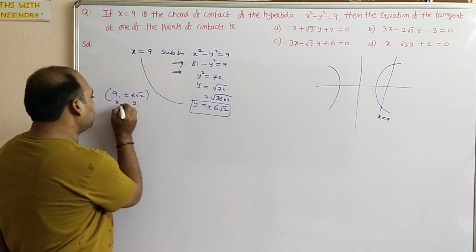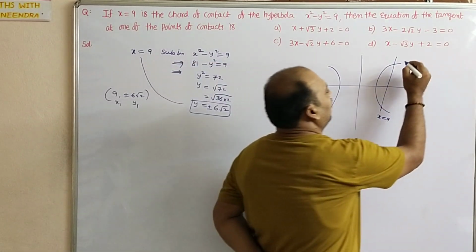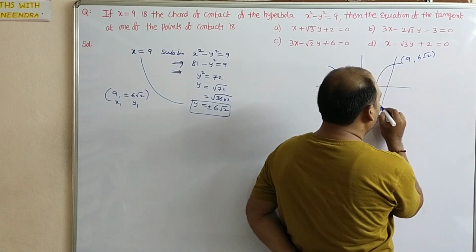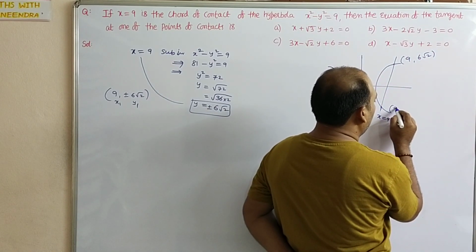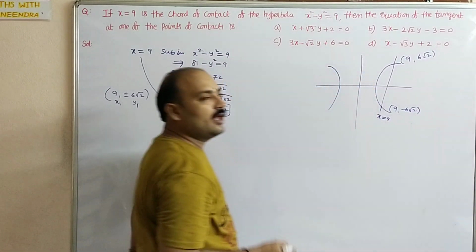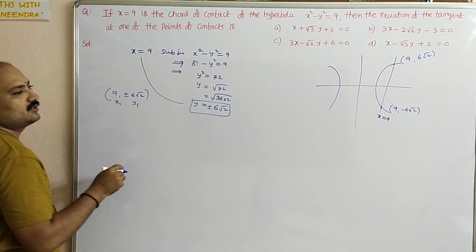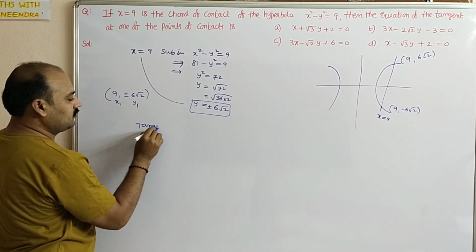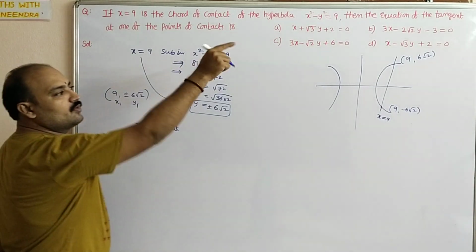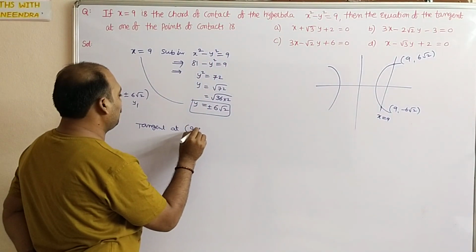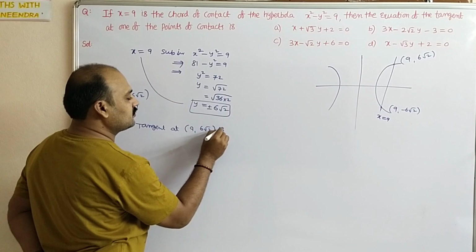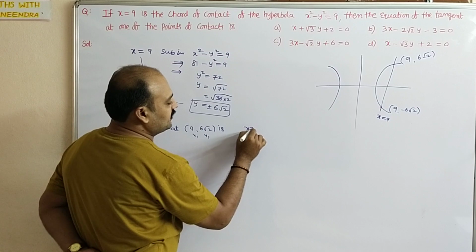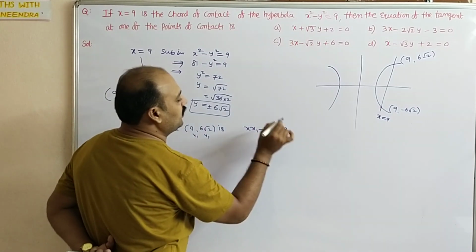That means x1, y1. So here 9 comma 6 root 2 in the positive quadrant, and this point 9 comma minus 6 root 2. At this point one of the tangents, same. So the tangent equation we know, at the first one of the points we will take, 9 comma 6 root 2, is x x1 minus y y1 equal to 9.